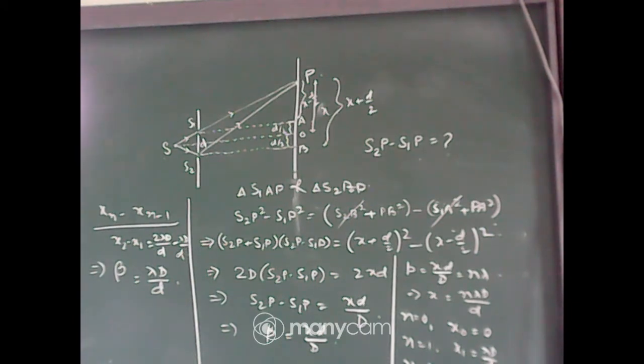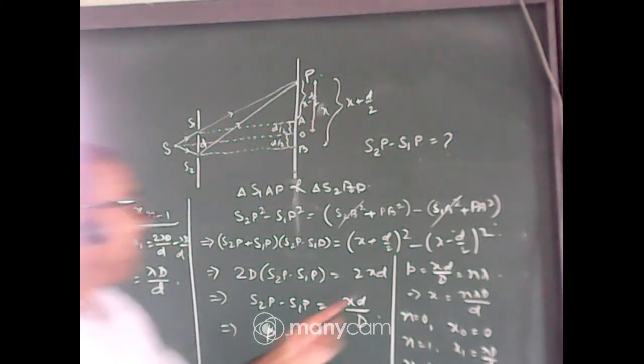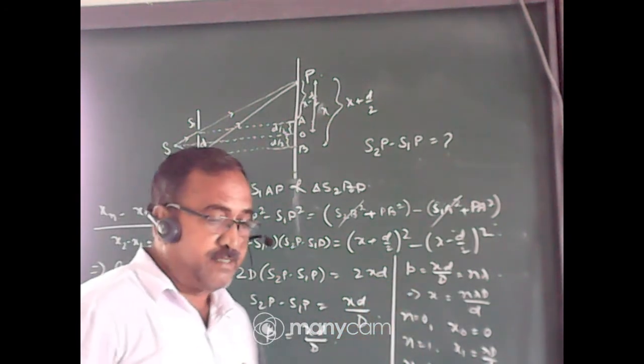Okay. Next, suppose you consider two successive dark fringes. First, the path difference for the dark fringe, you know it.